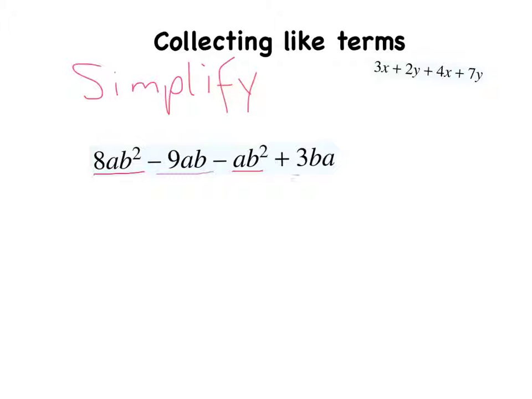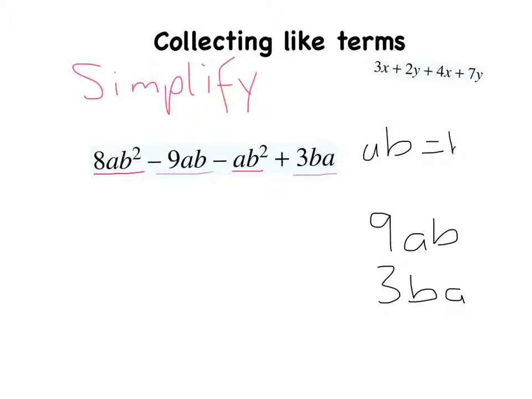9ab and 3ba. Listen to this point now, okay? 9ab and 3ba are like terms. ab is the same as ba. It doesn't matter what order they're written in.